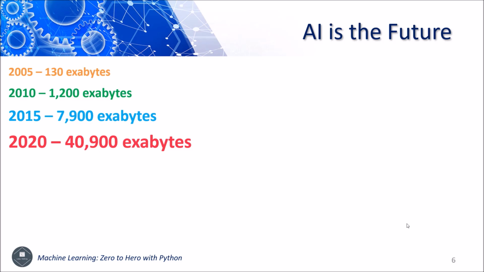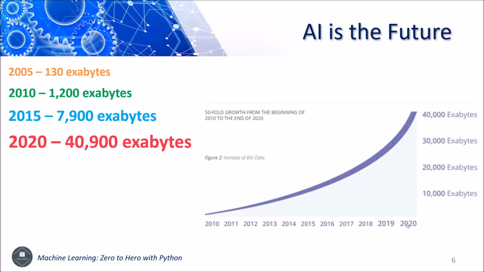As you can imagine, these numbers are astonishing. But what's even more astonishing is the exponential growth of the data that we're seeing. If you visualize it, it looks something like this. This is the reality that we live in, how quickly data is growing every single year.